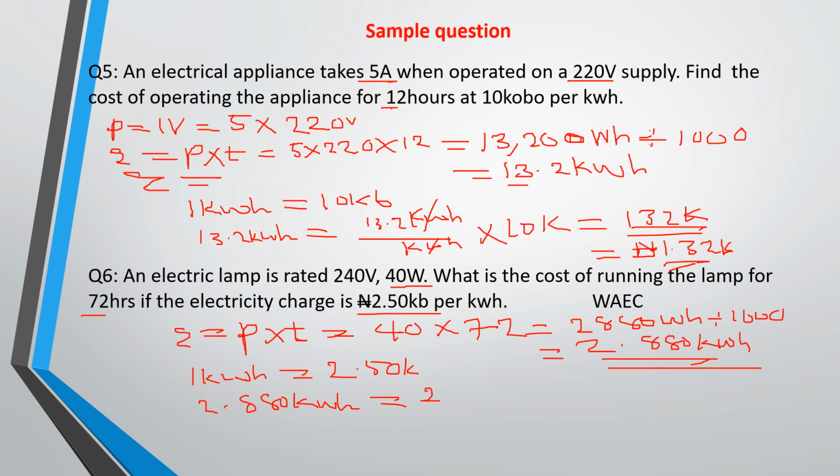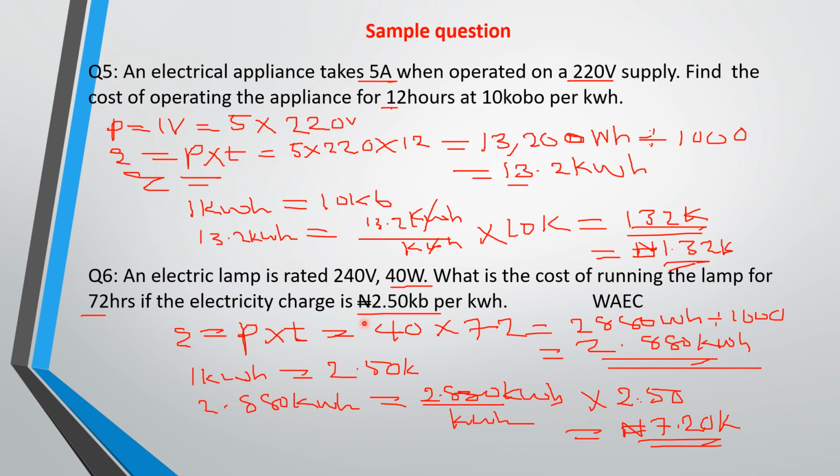It will be equal to 2.880 kilowatt hours all over 1 kilowatt hour multiplied by 2 naira 50 kobo. Okay, so by the time you multiply this out, you are going to have that the cost of electricity will be equal to 7 naira 20 kobo. Okay, so that will be the cost of your electricity.